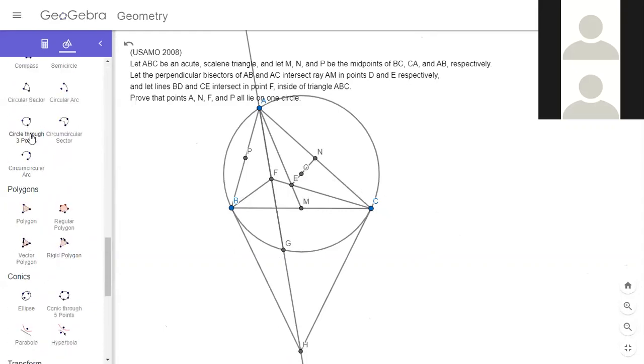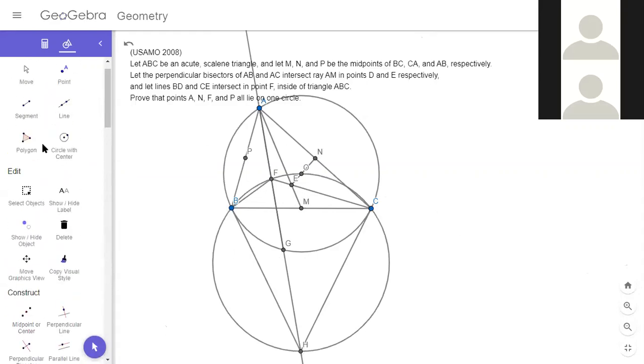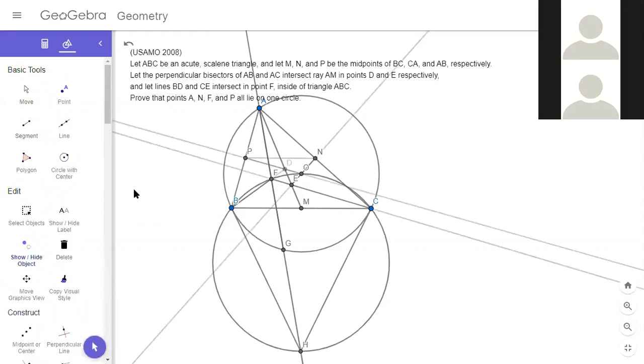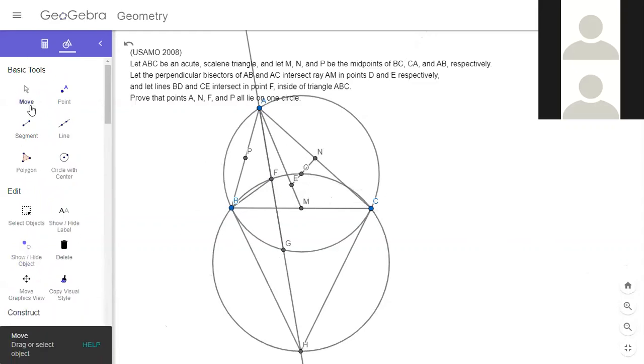And then we want to show that C, E, and F are collinear. And that's probably also obvious. So how do I show that C, E, and F are collinear?